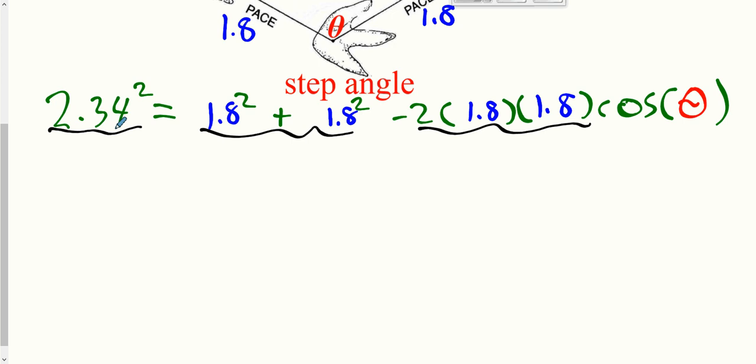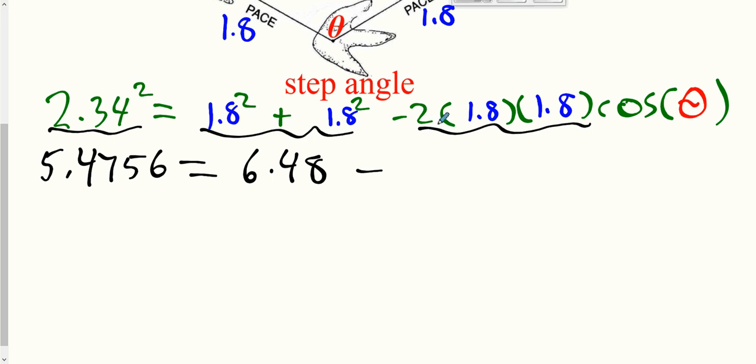So when you type that in, 2.43 squared is 5.4756, equal to your 1.8 squared plus your 1.8 squared, which is 6.48, minus 2 times 1.8 times 1.8, which is also 6.48, cosine of your angle. Now remember, the second one, 6.48, is attached to your cosine, so you can't put the two numbers together.